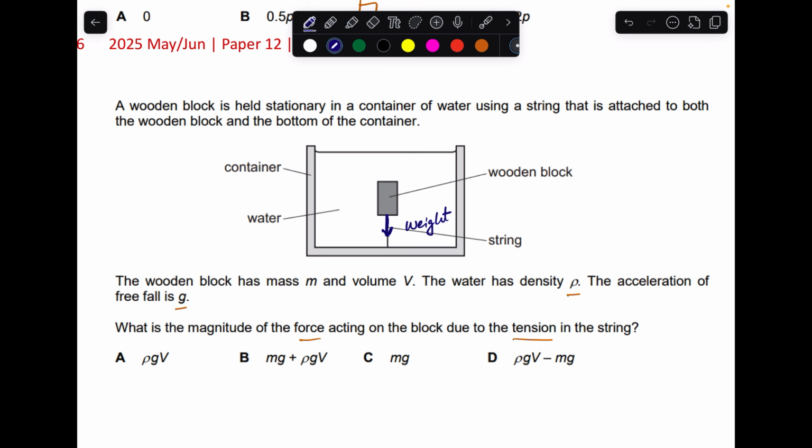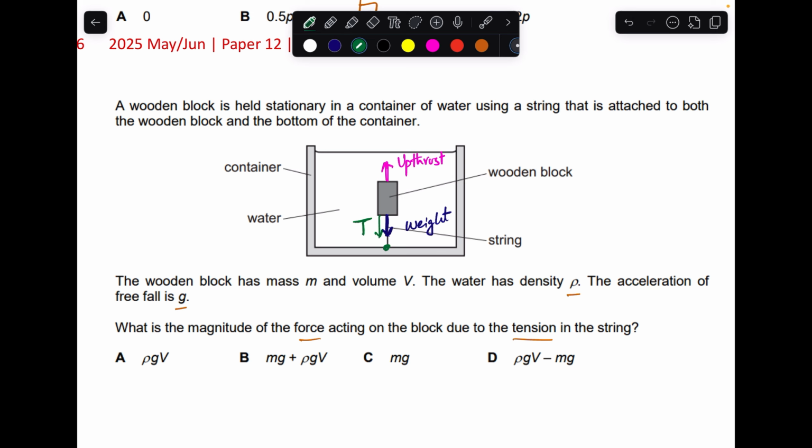Why? Because there is some upthrust force acting upward. So this is the upthrust. And it is attached with the string, and the string is also trying to hold it. It's not letting it go upward. So there is another force, that is the tension. It will also be downward, towards the fixed end of the string.